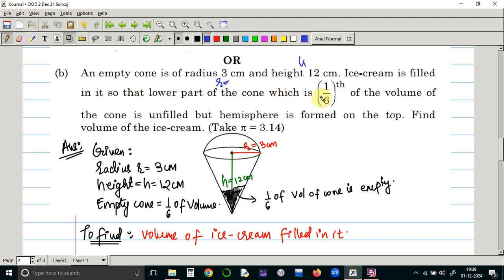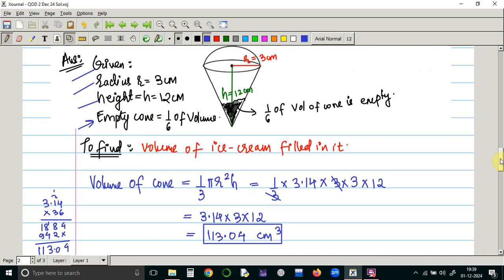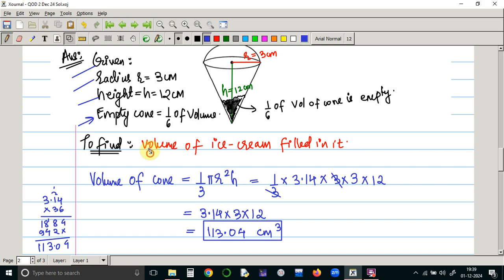How much is the empty space? 1/6 of the volume of the cone is empty. So there's no ice cream filled in that 1/6 of the volume of the cone. This is what is given: radius, height, and the empty part is 1/6 of the total volume of the cone. We have to find the volume of ice cream filled in it.